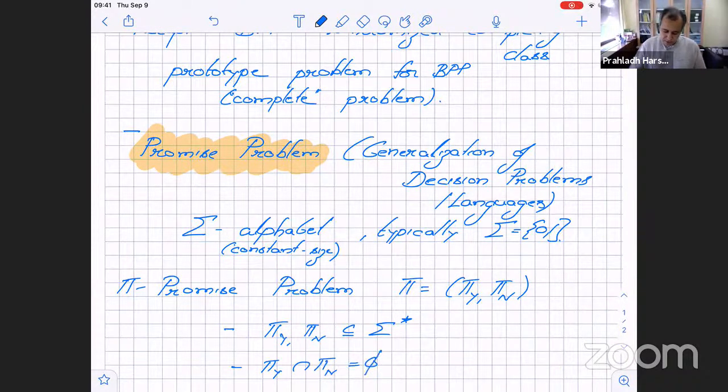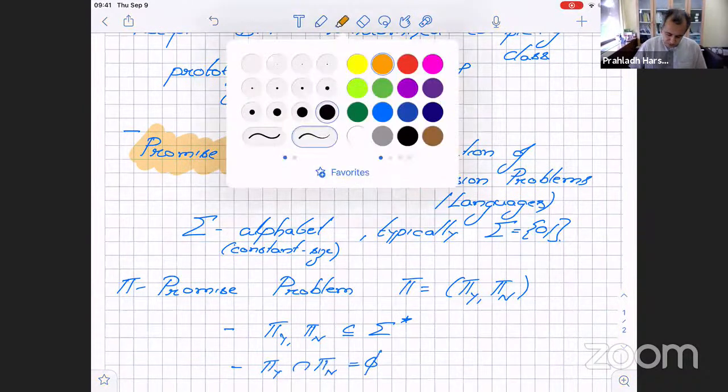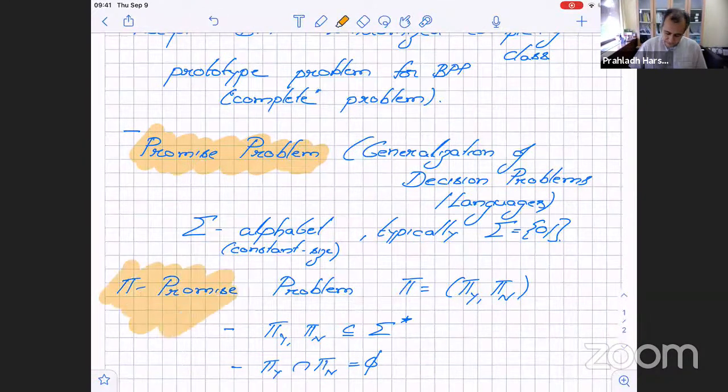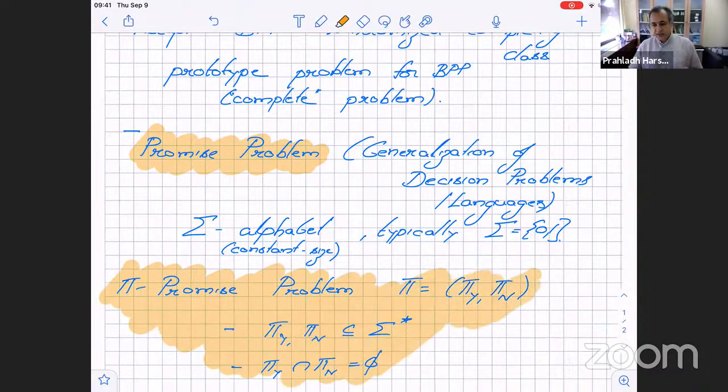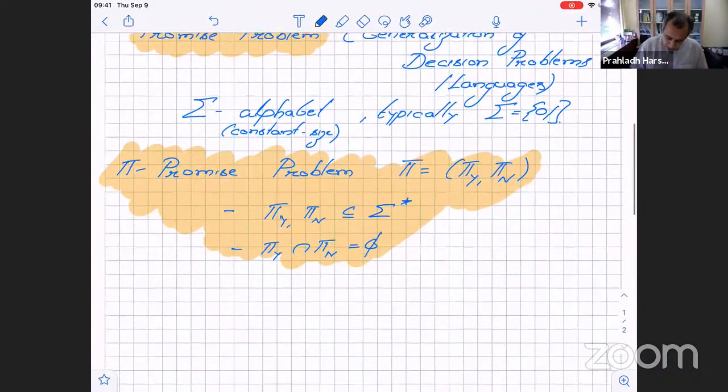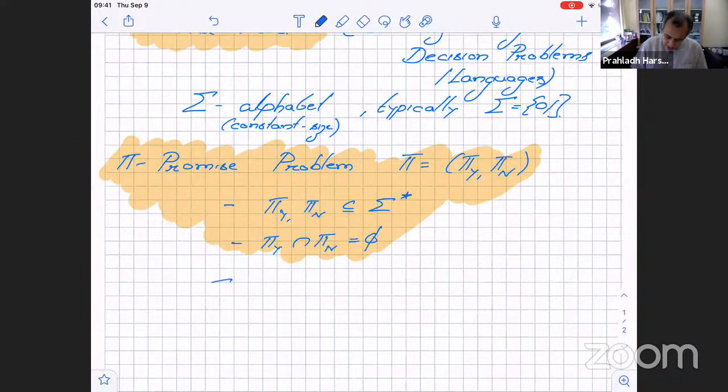That's all I want of these two. Notice this is almost like a language, where pi yes was L, the yes instances, and everything else was the no instance. But what we have in a promise problem is sigma star minus pi yes union pi no. These are some instances which I don't care about. These are what I'm going to call don't care instances.